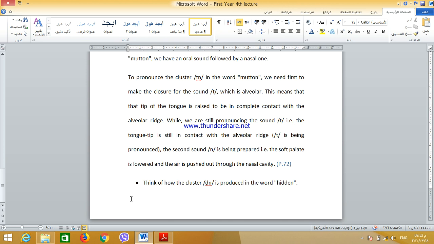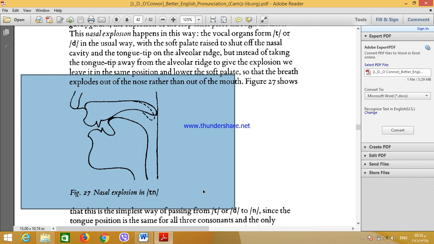Before that, let's have a look at your textbook. You can see this is the situation when we have ta na one after the other in a cluster. First of all, we make the closure for the ta sound, which is an alveolar sound, as we have just said.